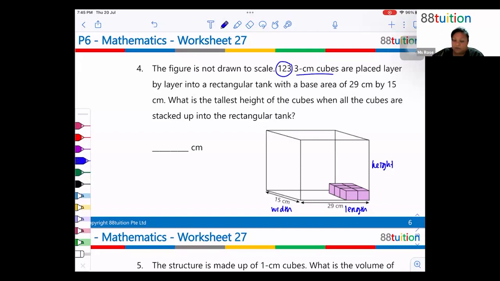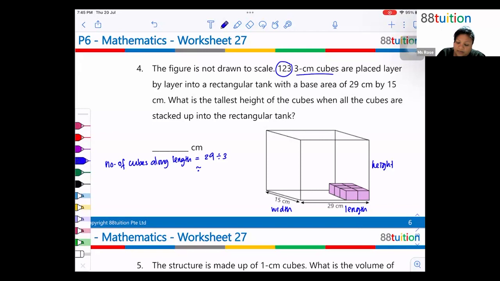Okay. Now, we must find the number of cubes along the length. Now you have 29 cm divided by 3. You will not get a whole number.